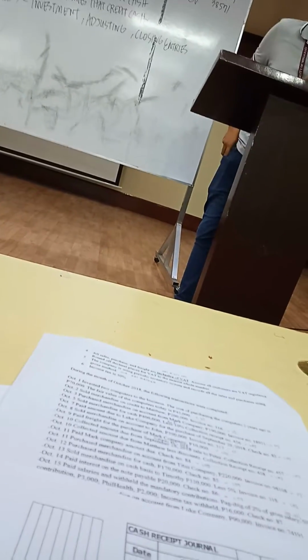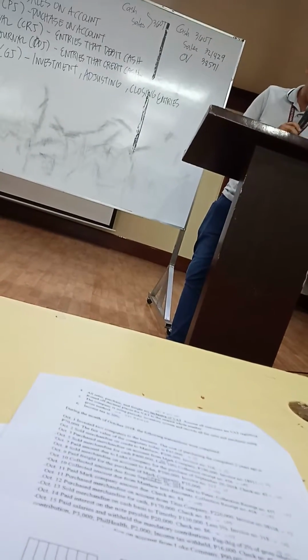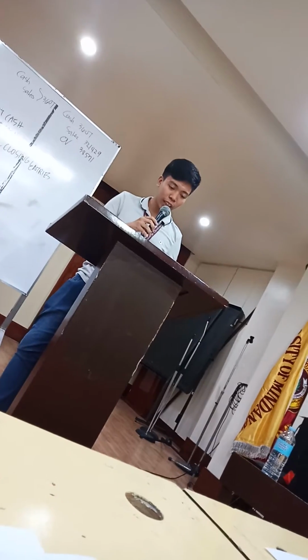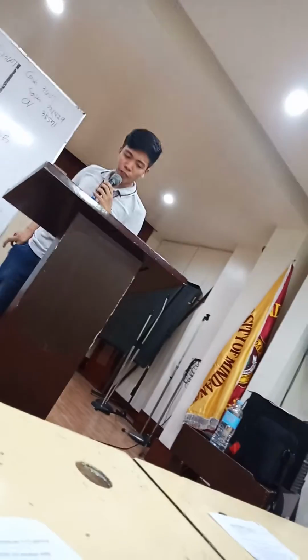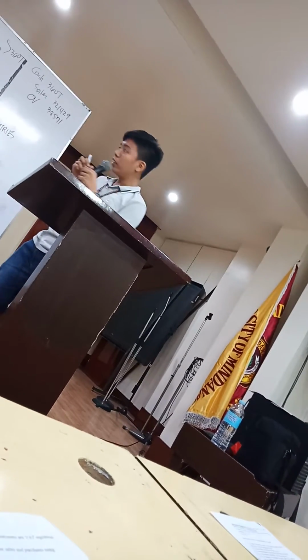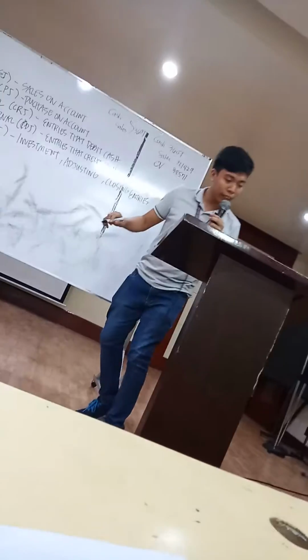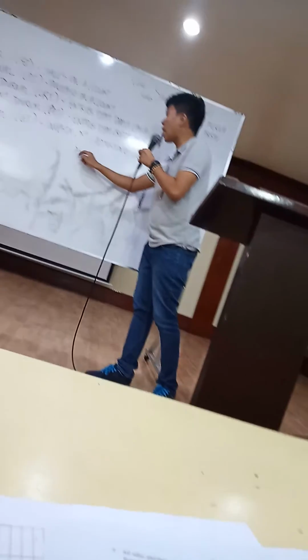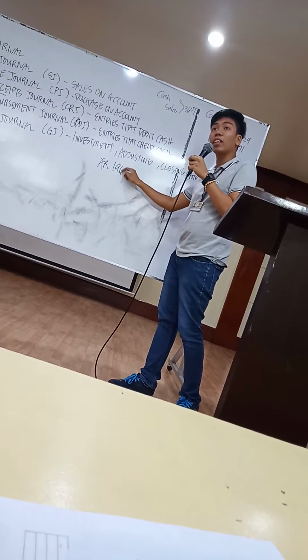Sige. Dito sa October 10 ta. October 10 ha. Collected amount from Matthew. Ito to entry from Matthew gani friends sa inyong sales journal. Di ba, I think that you debited their AR. Tama ba? You debited AR for 196,000. Tama ba?